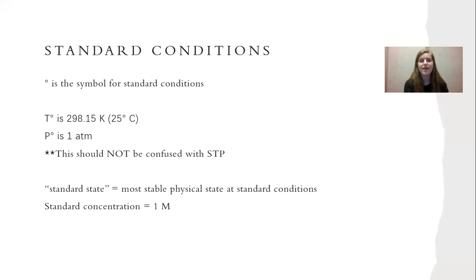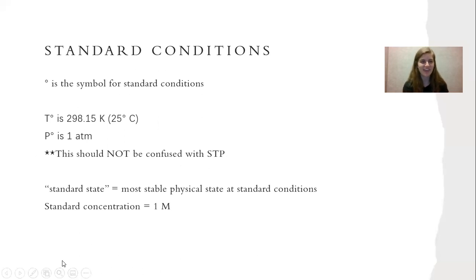Pressure is the same at 1 atmosphere, but temperature is different. At STP, temperature is 0 degrees Celsius, but in standard conditions with our degree sign, it's 25 degrees Celsius. So just try and memorize that, because that's going to come up a lot in enthalpy.